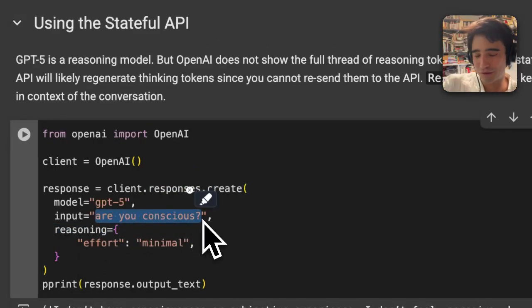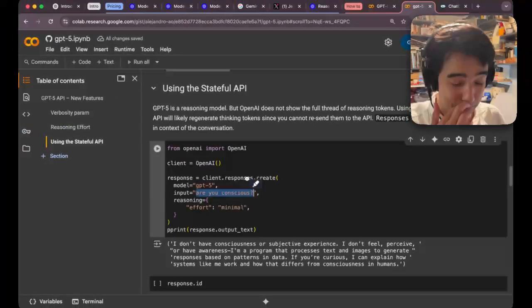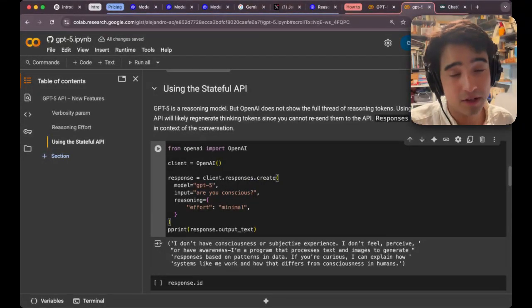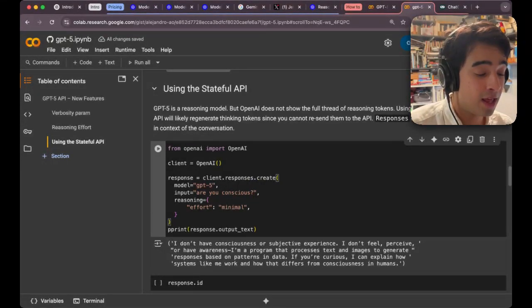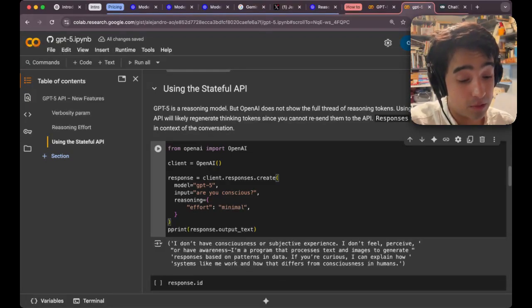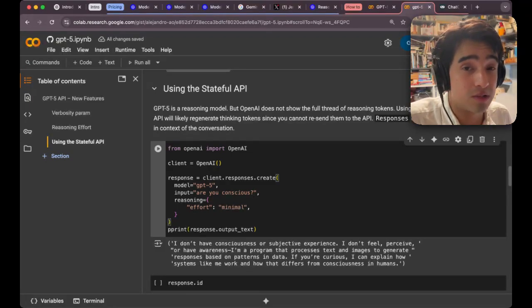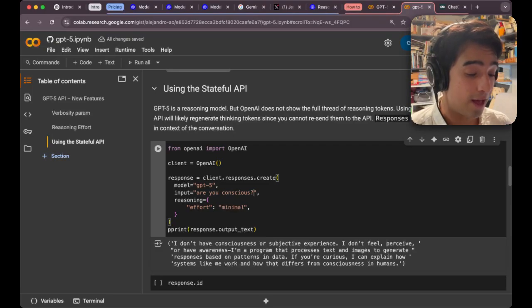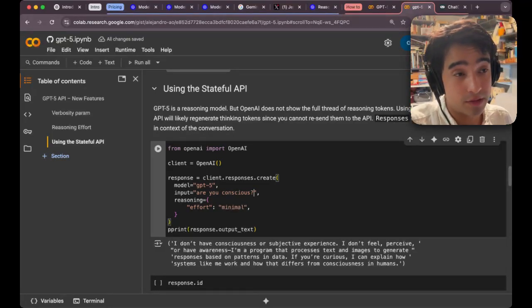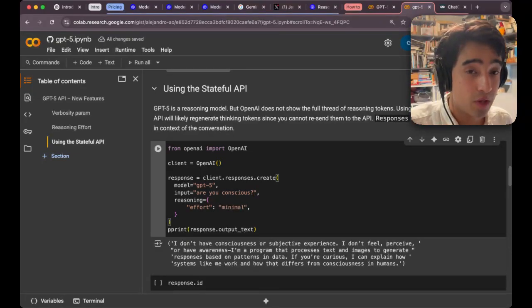Going back to the first interface that we had in these APIs, something to keep in mind. But something very interesting about the Responses API, and the reason why you should probably use this one pretty much always when using GPT-5, is that GPT-5 is always a thinking model, and that means it's going to be almost always generating thinking tokens.